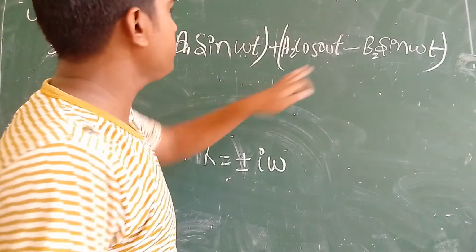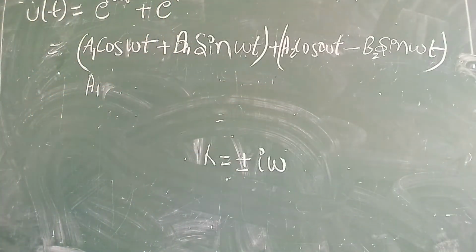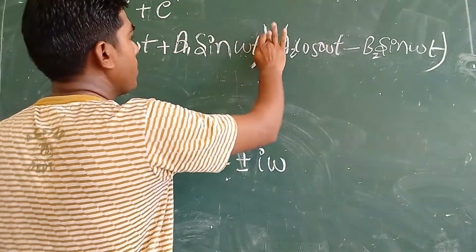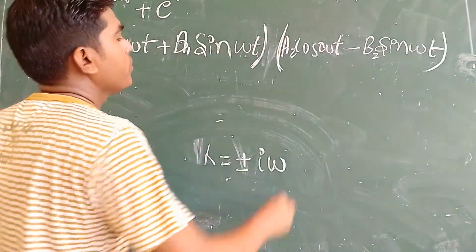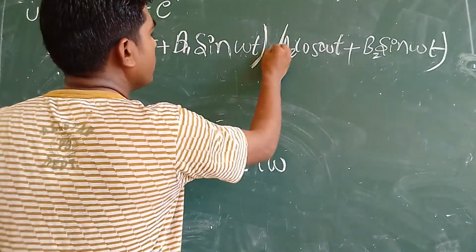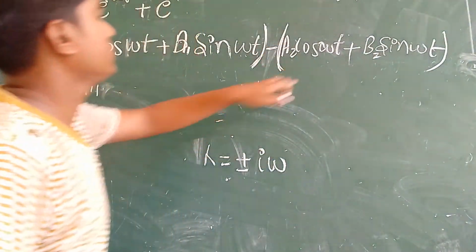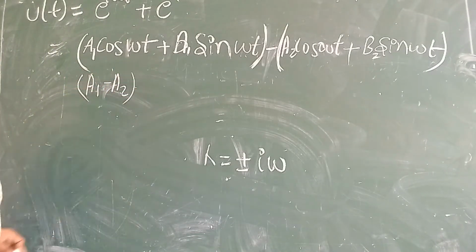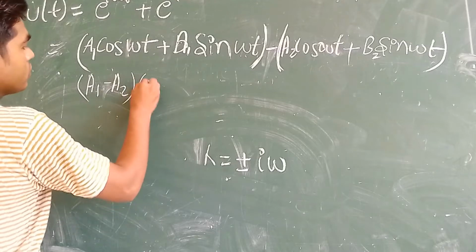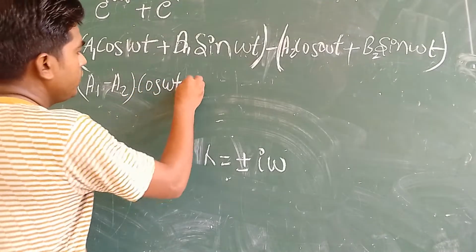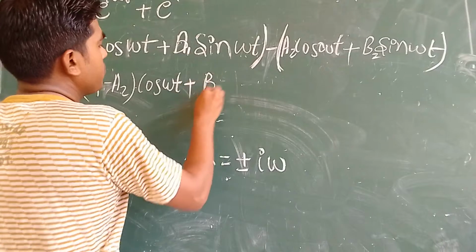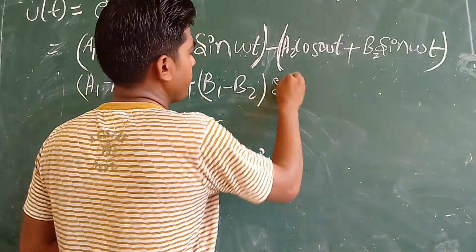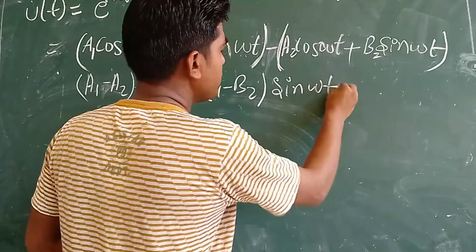So write the value of this: (a1 minus a2) cos omega t plus (b1 minus b2) sin omega t.